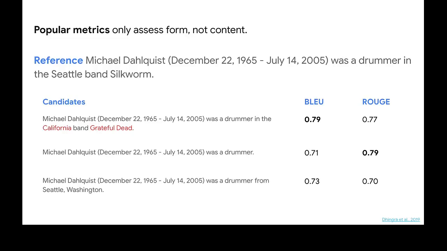One that uses the same phrasing, was a drummer in their X band Y. One that is way too short, but uses the exact same phrasing. And one that is objectively the best, the third one here, was a drummer from Seattle, Washington, but that also adds the additional information, Seattle, Washington, rather than Seattle. And you can see that in terms of both Blue and Rouge, our traditional lexical metrics, the first 2 candidates are better, respectively, than the third.